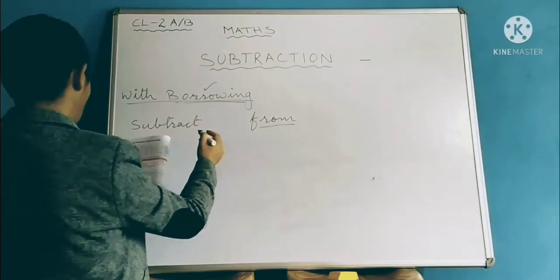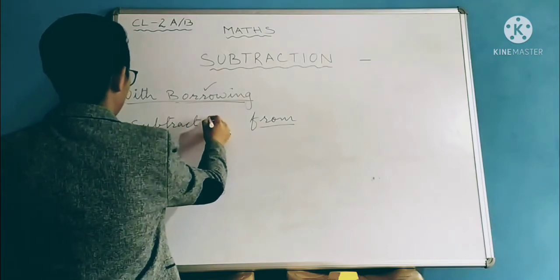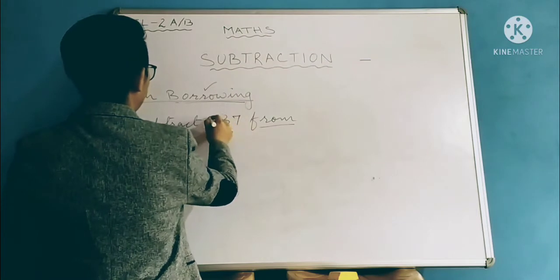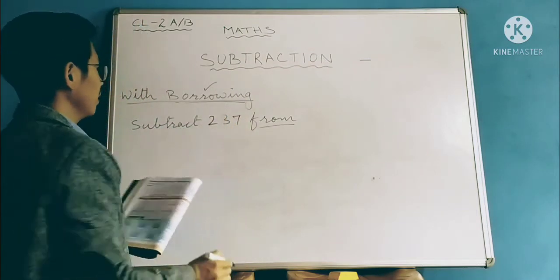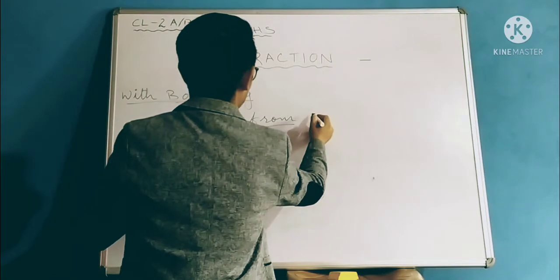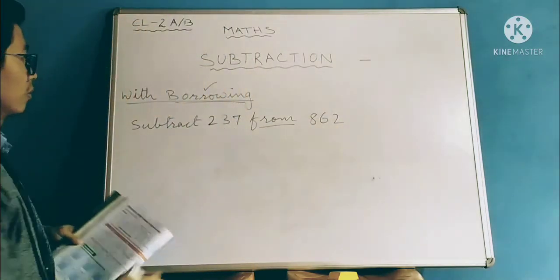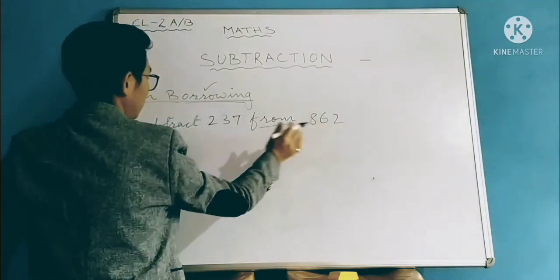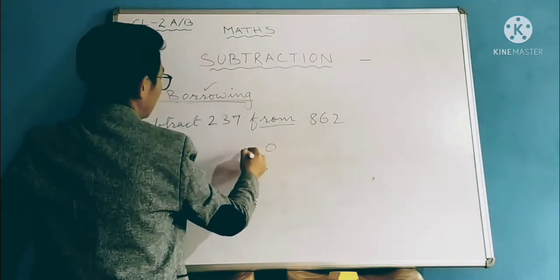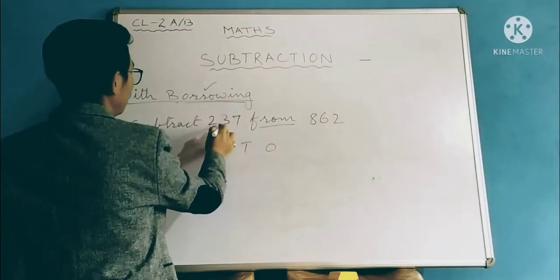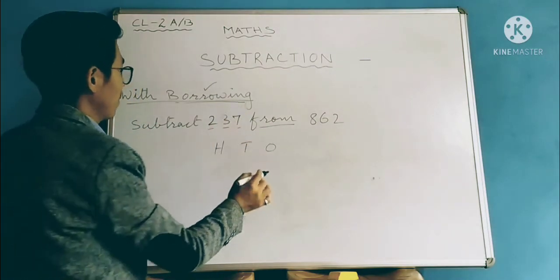So let's write 237 from 862. Okay, so first you need to write the place names in words: ones, tens, 100, because we are doing it for the 3 digit number.